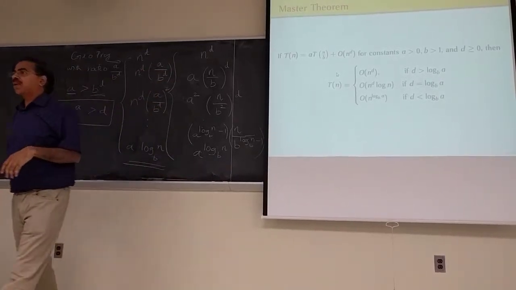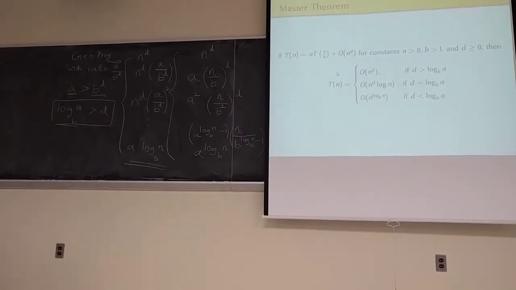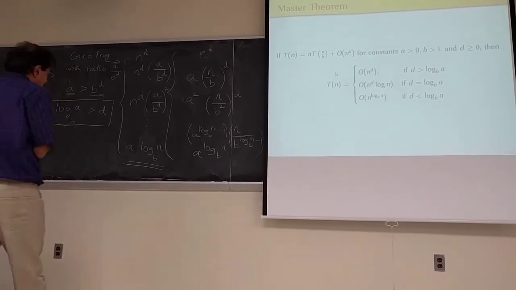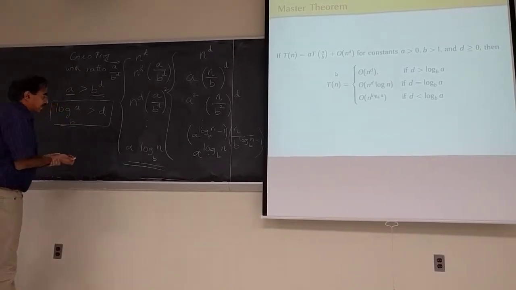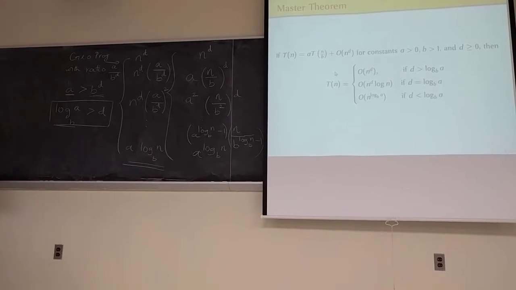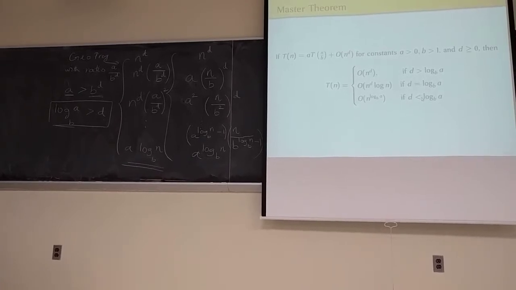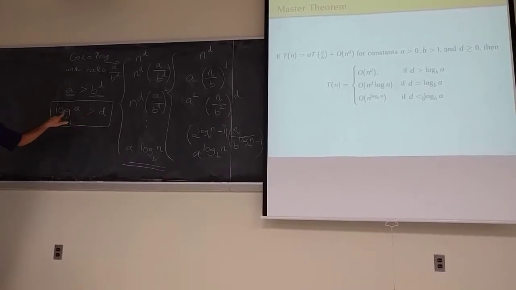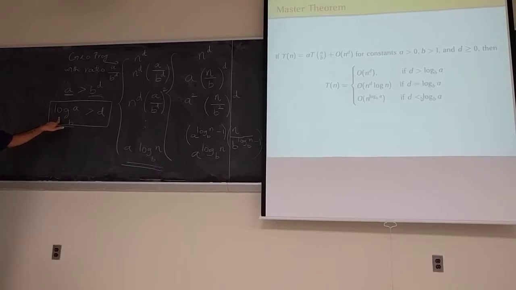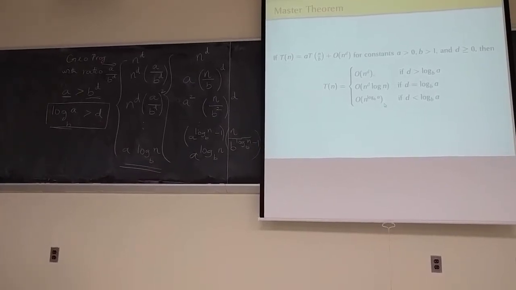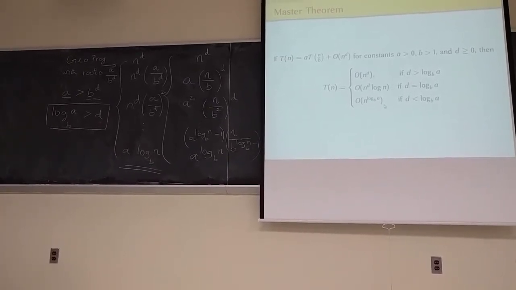So the sum is going to be really given by the last term, or it's going to be of the order of the last term, and therefore you get the answer a to the power log_b n, which is n to the power log_b a. So your Master Theorem says that if d is smaller than log_b a, then you just go to n to the power log_b a, right?